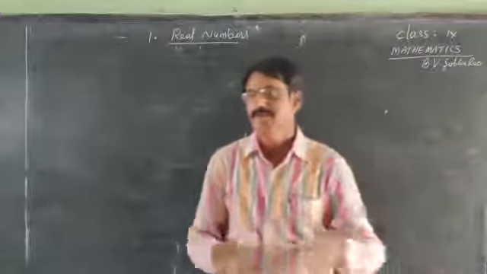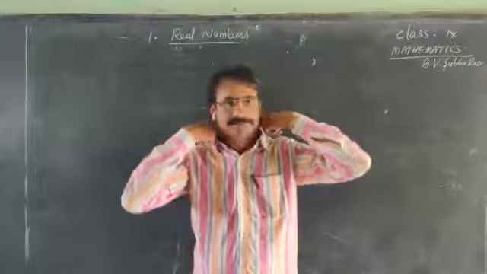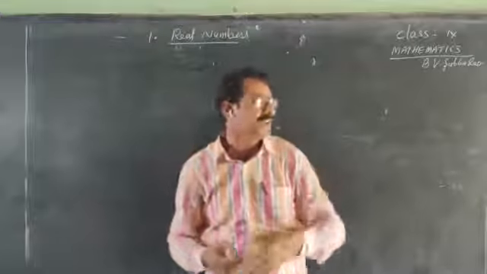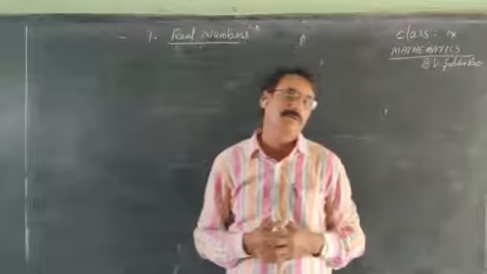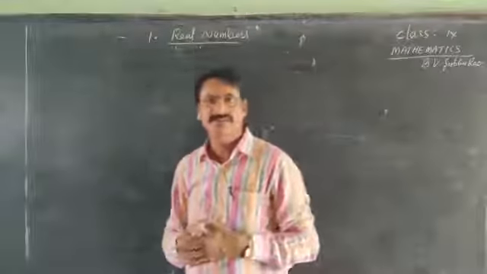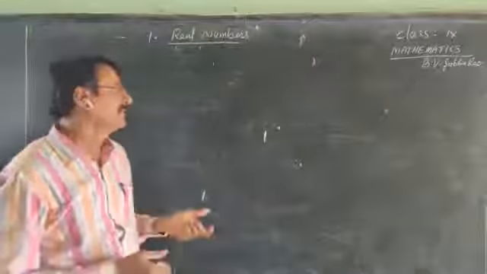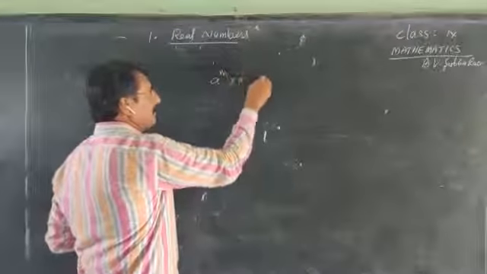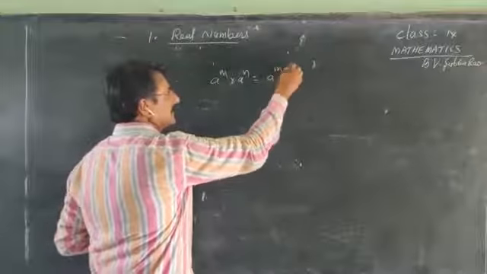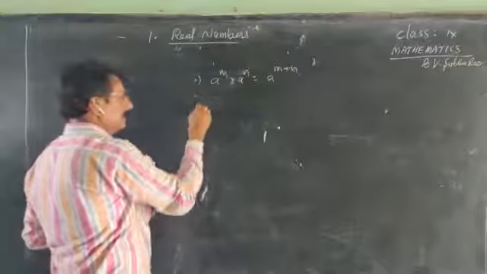For example, if a and b are integers and m, n are whole numbers, we can write a power m into a power n equal to a power m plus n. Like that.